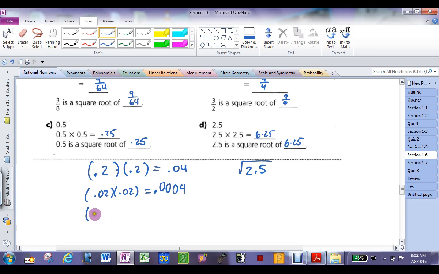What would this one be? 3 decimal places. So that would be 4 again with how many decimals? 6. Everybody cool? It has to have an even number of decimal places if it has a chance of being a perfect square. Because there's no way to make an odd number of decimal places, is there? Everybody good? Okay.